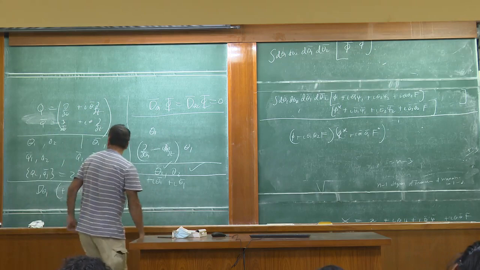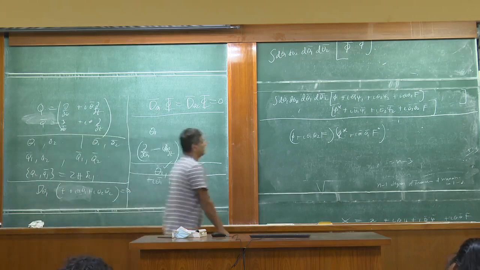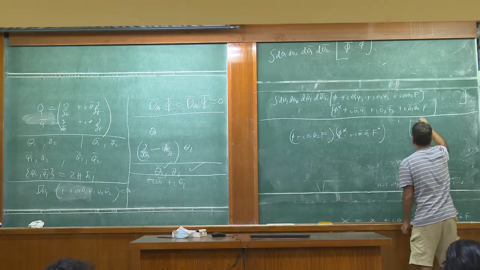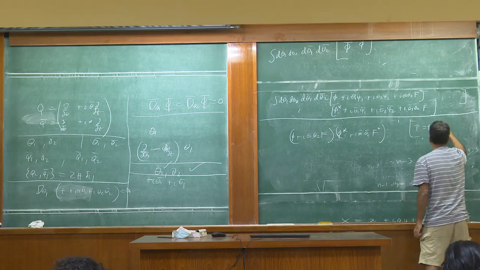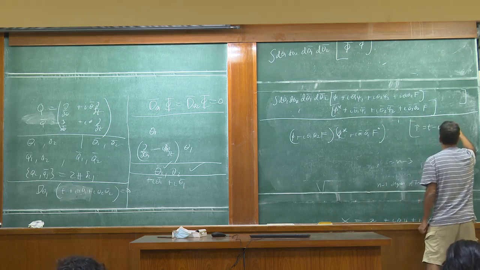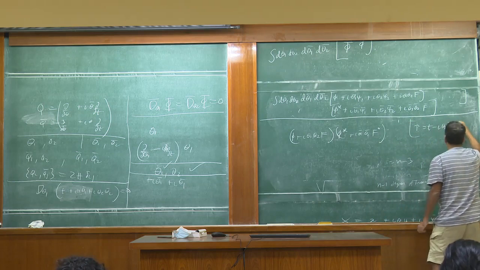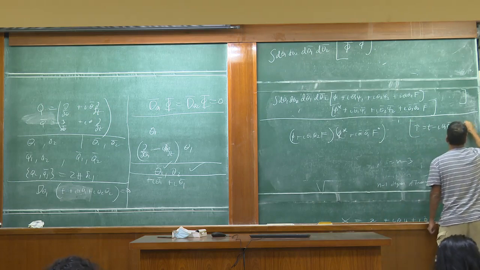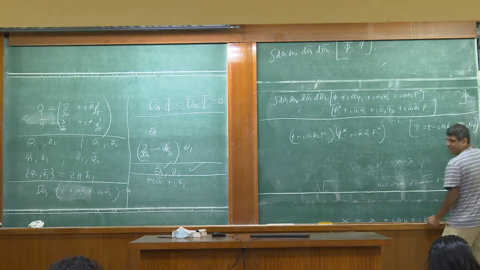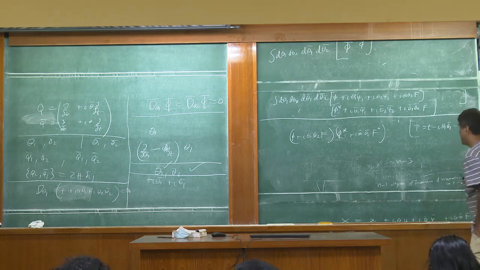Okay. Now let us remember also what tau was. Let's write that down. Tau was equal to T minus I theta 1 bar minus I theta 2 bar. Again, please correct me if I'm getting it wrong. Okay.